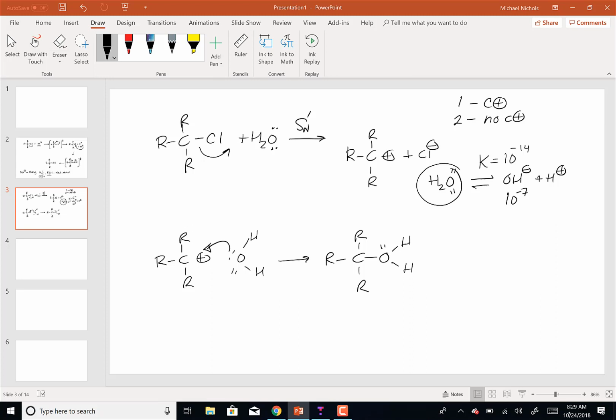And we'll go back and draw the transition state down below it. So what's this missing? What's this structure missing? Not a partial charge.